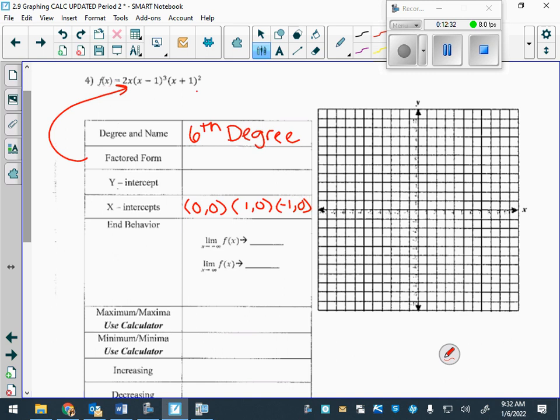So we have 0 because of the 2x, 1, 0, and -3, -1, 0. 1 has a multiplicity of 3. -1 has a multiplicity of 2. So if I already have an x-intercept of 0, 0, the y-intercept is also 0, 0. And you could do that by substituting 0 in for x. Now, it's an even degree, positive leading coefficient.